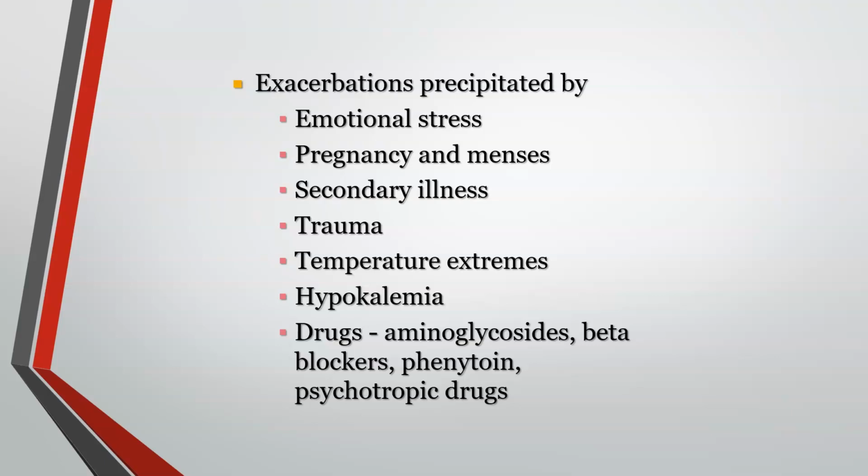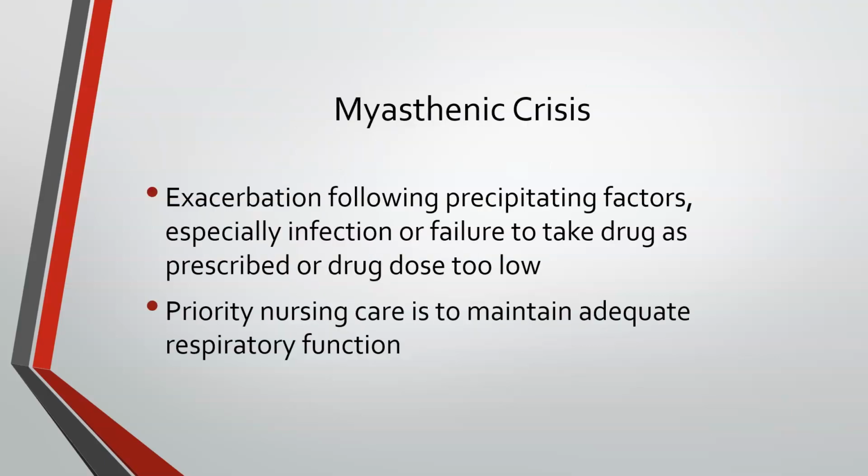It will cause a patient that has MG to go into a crisis mode. A patient in a myasthenic crisis will have tachycardia, flaccid muscles, that's including the respiratory. The pupils in this patient may be normal to large.